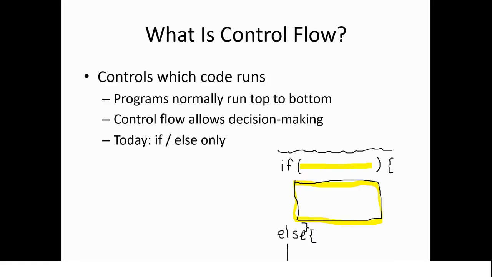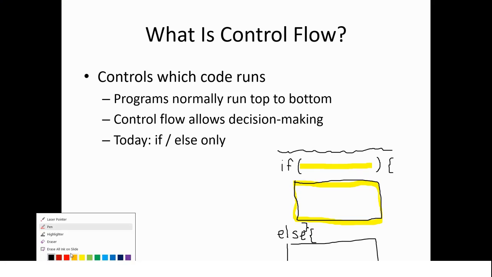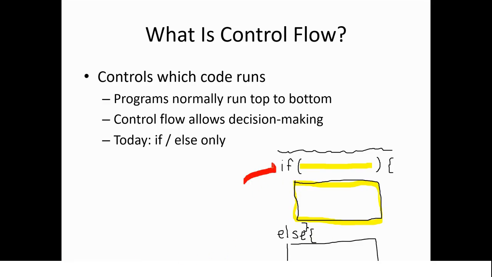Then we have a block in the else, and we'll close off the else. So if this condition is not met, you'll just jump over to this else statement and do whatever is in this block.